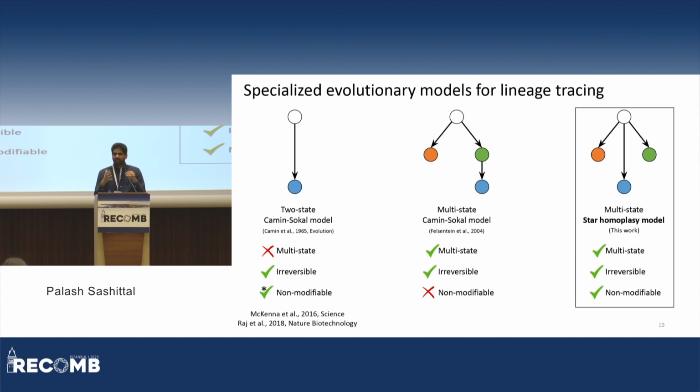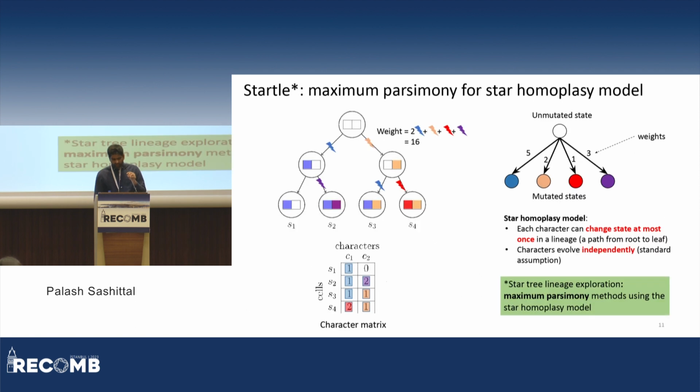So now that we have the right evolutionary model, how do we use this to infer the cell lineage tree from lineage tracing data? In our work, we use the maximum parsimony framework to do this. Under this framework, you are given a weight for each edge of the state transition graph, and this weight denotes the probability of the mutation occurring.